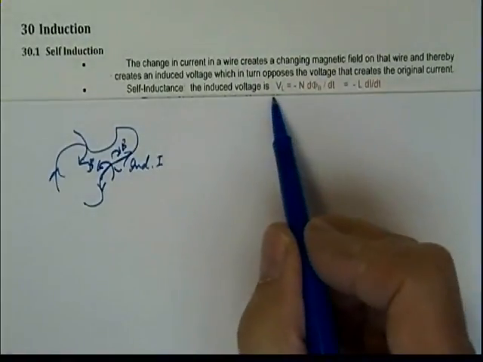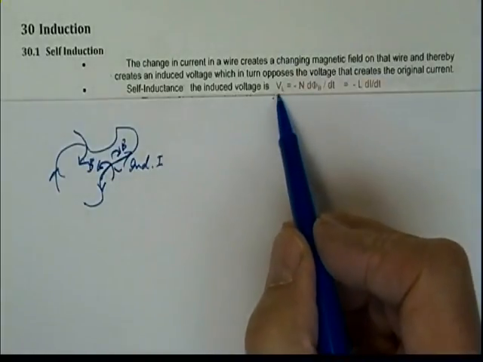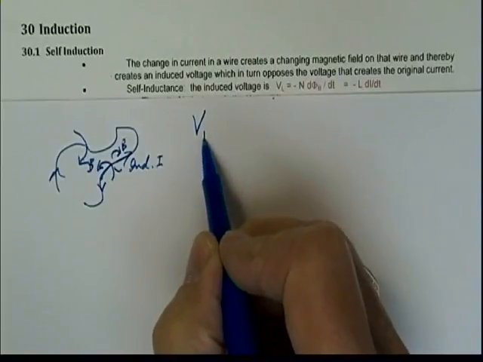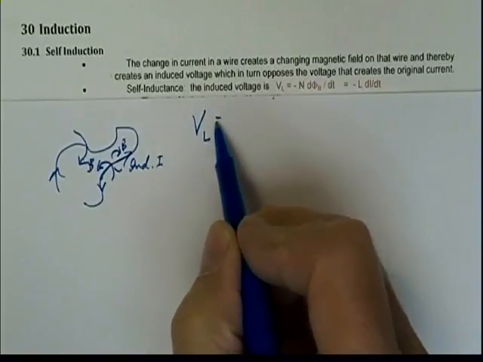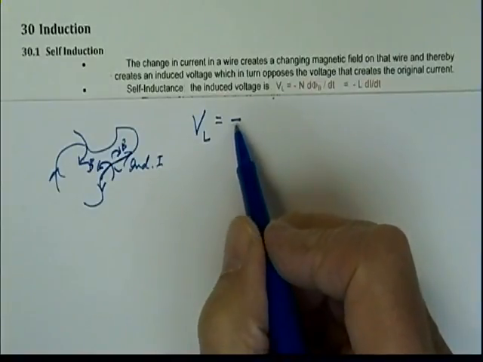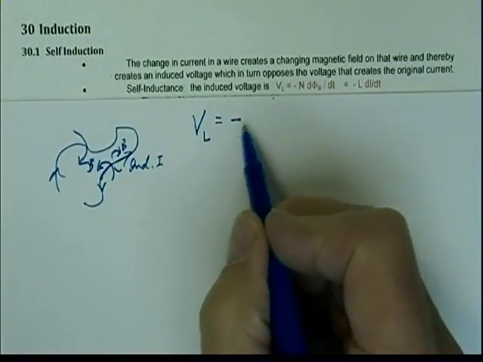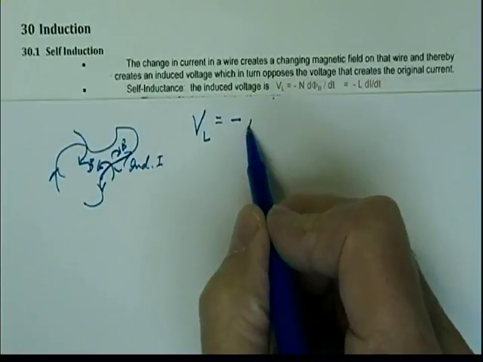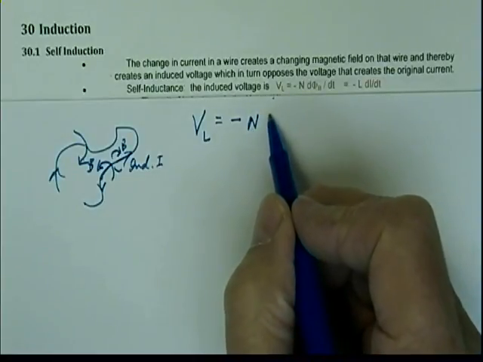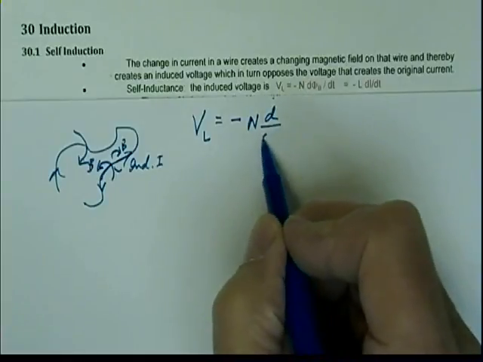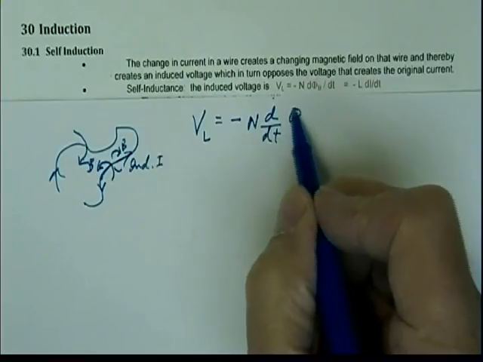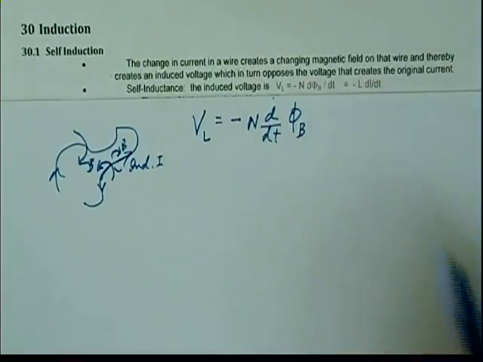Self-induction is this induced voltage, and it turns out that the induced voltage, V, due to the inductance, is negative, and the negative sign comes from the fact that it is in opposition. It is equal to the number of turns we have times the change, the derivative with respect to time, of the flux of the magnetic field.